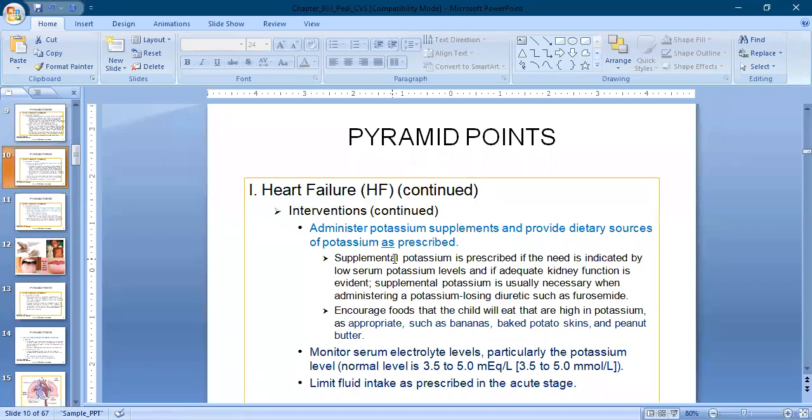Basically, when we prescribe Lasix or diuretics, they eliminate the excess fluid and sodium from the body. When excess fluid is lost, it leads to imbalance of electrolytes, especially potassium. If we do not correct the potassium, it leads to arrhythmia, dysrhythmia, and the patient can die because of arrhythmia.